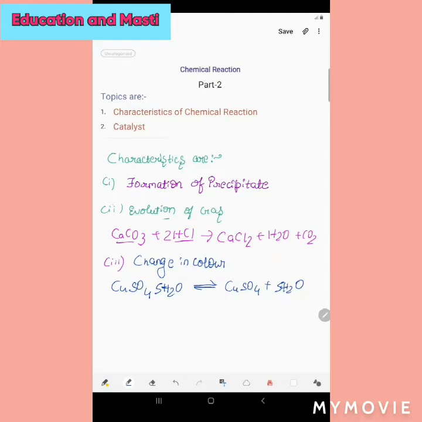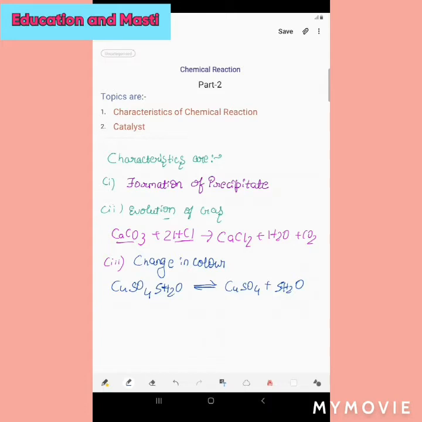So let's understand this. We are taking a small amount of copper sulfate in a dry test tube. Now we will hold this test tube with the test tube holder and heat it, because you cannot hold it in your hand and heat it. Blue colored copper sulfate on heating loses its color.